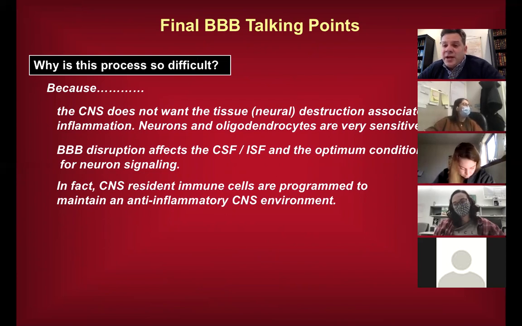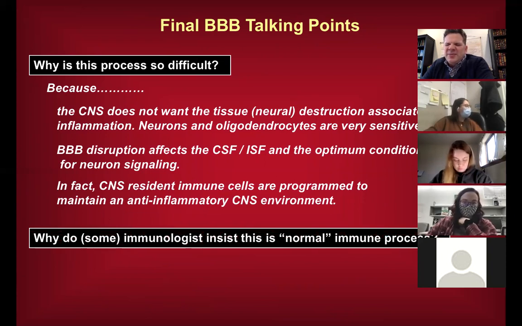If you were to analyze the whole transcriptome of cells within the brain at a normal baseline level, you'd find that there are a lot of things that try to keep inflammation in check, right? So we try to maintain that anti-inflammatory balance. In fact, I think I showed you that little balance diagram in the previous lecture.